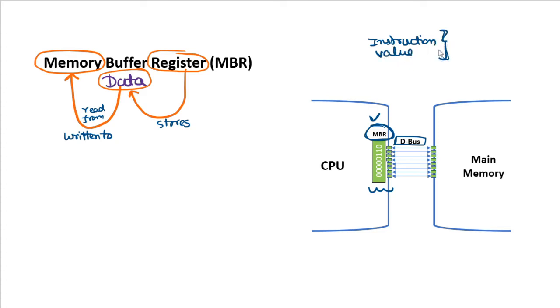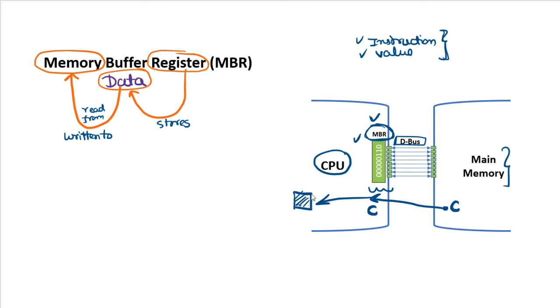The data part, either instruction or value, will be sent by main memory or received by main memory via the MBR. Whenever the CPU wants to read something from main memory, the content will flow from main memory to the data bus to the MBR, and then to wherever it wants to go.